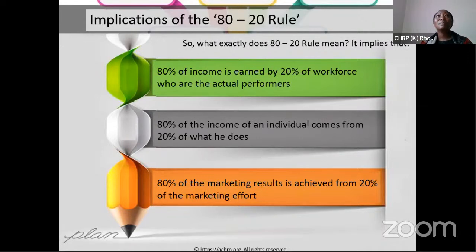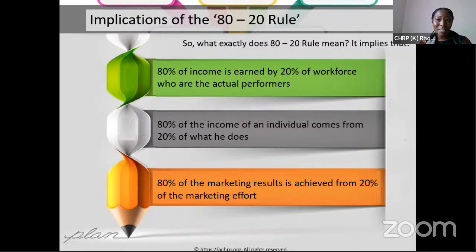Because you can imagine, if you do all the preparation, which is 80%, and you just show up at the last minute, and that training does not take place, all that will be futile. So you can imagine only that last 20%, whether it takes place or doesn't take place, will determine the 80% of the income.